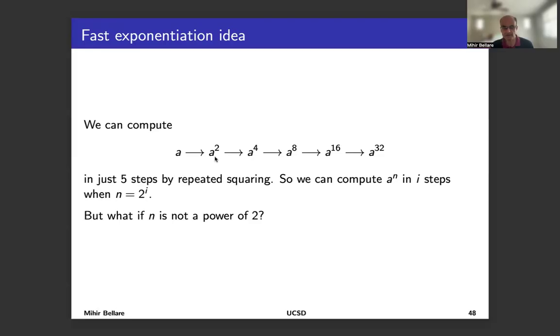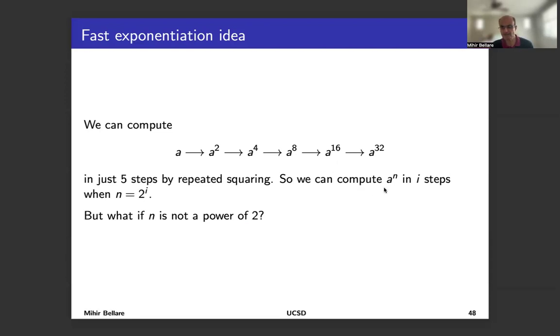Well, that's one operation or one multiplication. But now if I want to get to a to the fourth, I can do that in one more step. I just take this and I square it and I get a to the fourth. And I can square this and get a to the eighth. So I can very quickly ramp up that exponent. So getting to a to the 32 takes only 5 steps through repeated squaring.